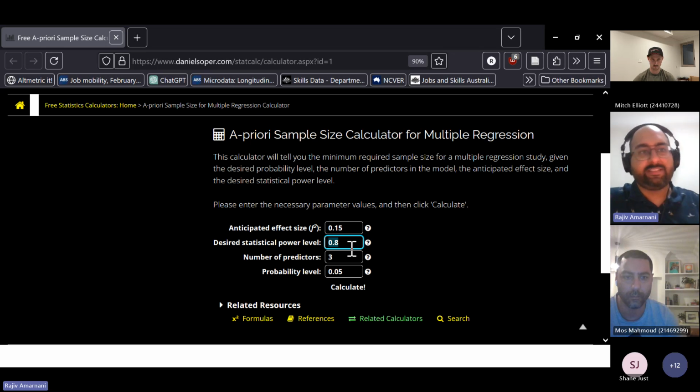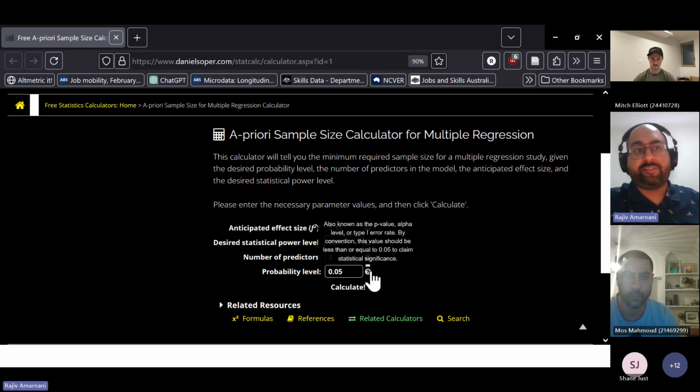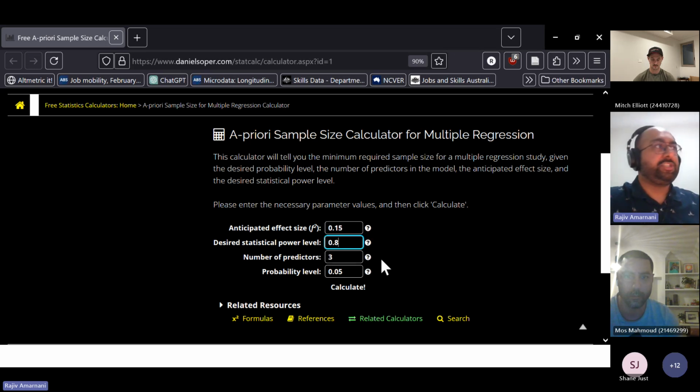Just leave it at 0.8. This is just default. When I am doing stuff that is like paid consultancy, I like to make this 0.9 to be extra sure of finding effects if they are there. But 0.8 is adequate. Probability level 0.05 is pretty standard. I generally don't change that.